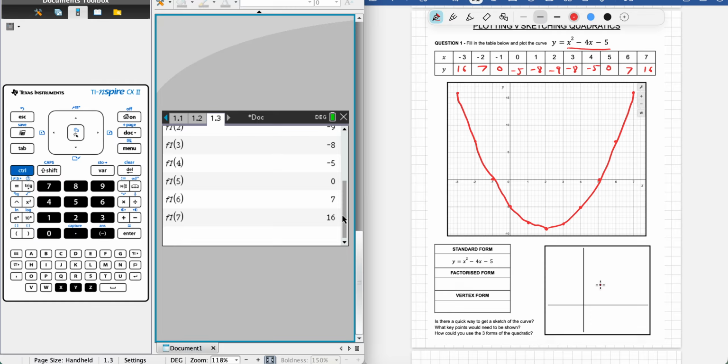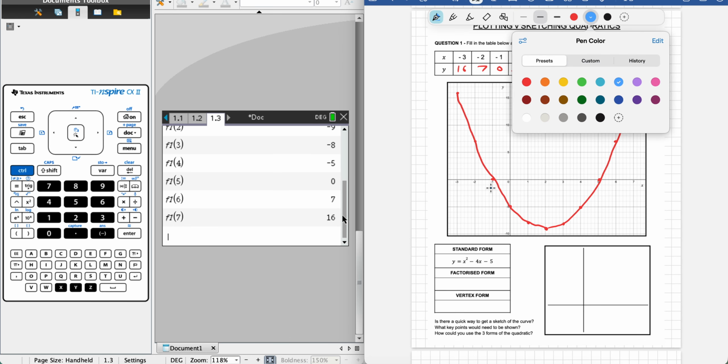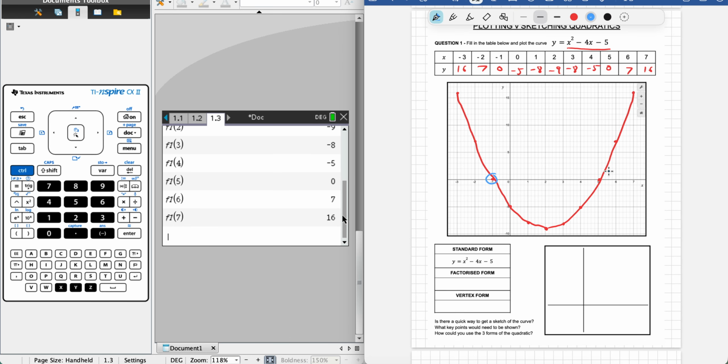And we want to take a look at the difference between doing that and just getting a quick sketch of our curve. Some of the key points that we're going to need to show are the maximum or minimum in this case, our zeros or roots or x-axis intercepts, which we can see here look like they are at -1 and +5, but we can verify that, as well as our y-axis intercept there.